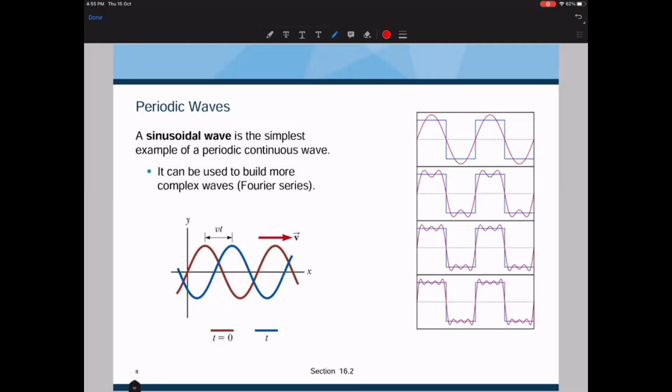It makes a very powerful tool called the Fourier series. All of the periodic waves can be considered as a sum of various sinusoidal waves of different frequencies and different magnitudes. For example, on the right-hand side, you will see that the blue wave is a square wave.